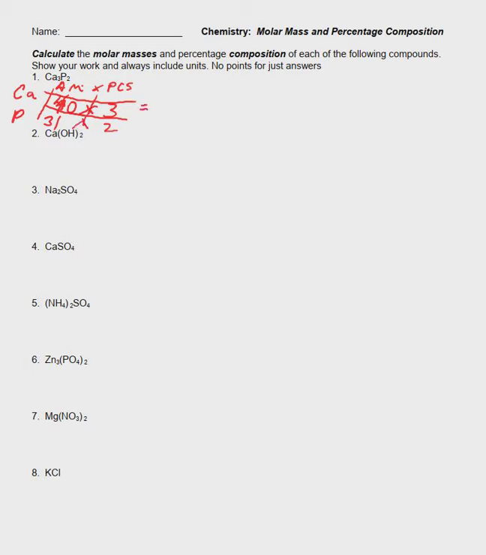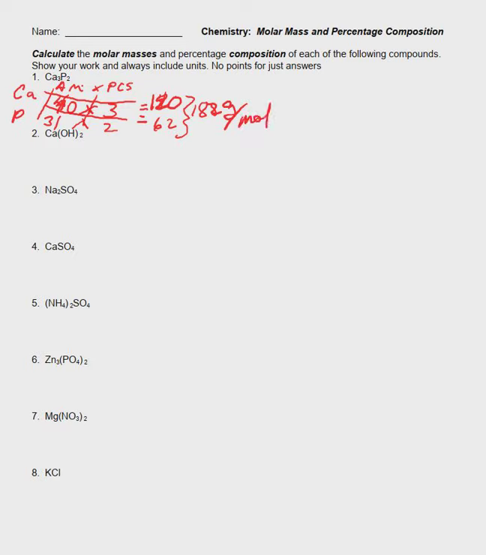So 40 times 3 is 120. And 31 times 2 is 62. Add that all together is 182 grams per mole.